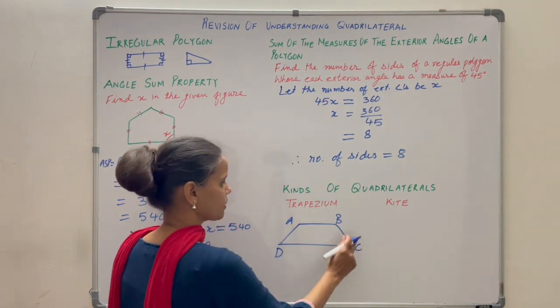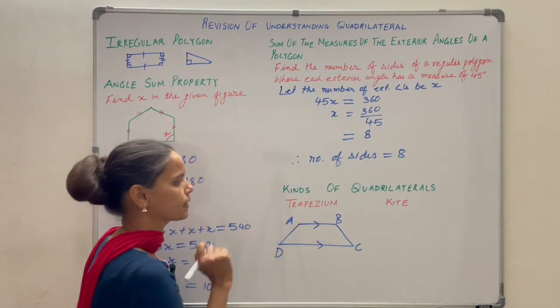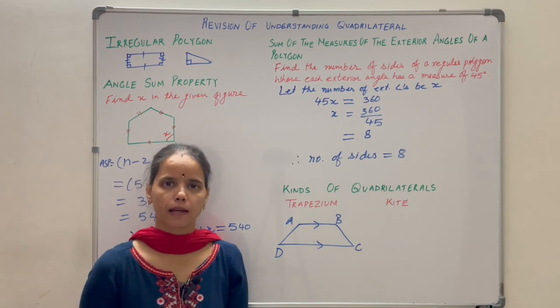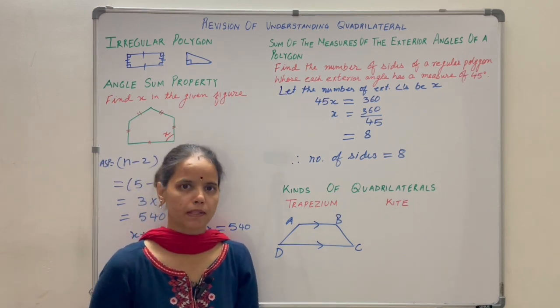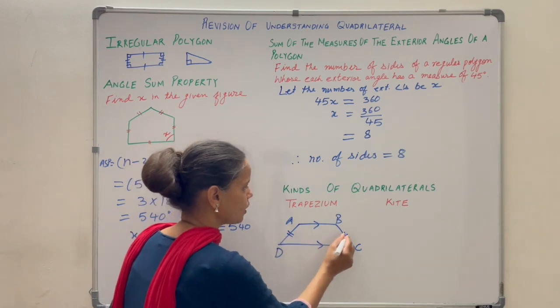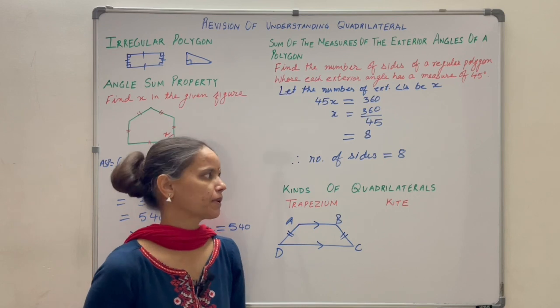You name it as A, B, C, D. In this, one pair of opposite sides are parallel. So a quadrilateral having one pair of opposite sides parallel is called a trapezium. In a trapezium, if these two sides are also equal, then such a trapezium is called an isosceles trapezium.